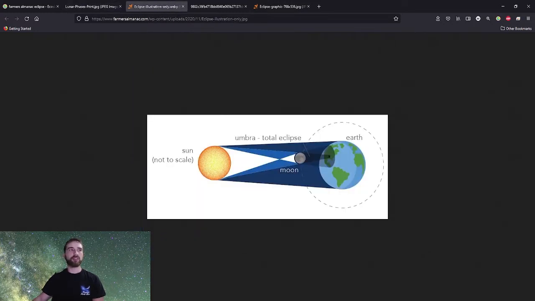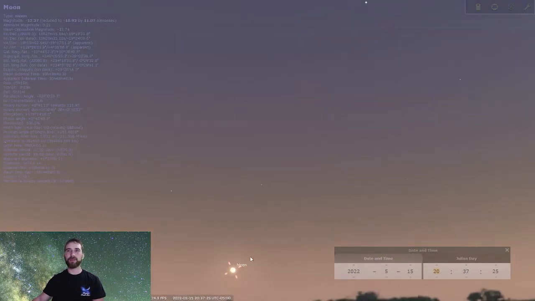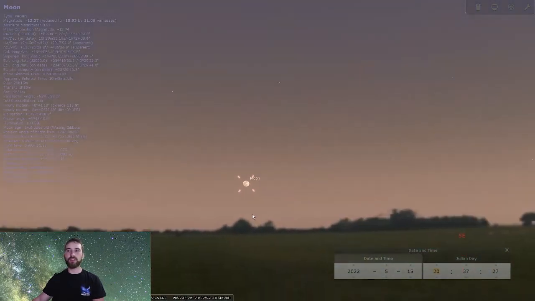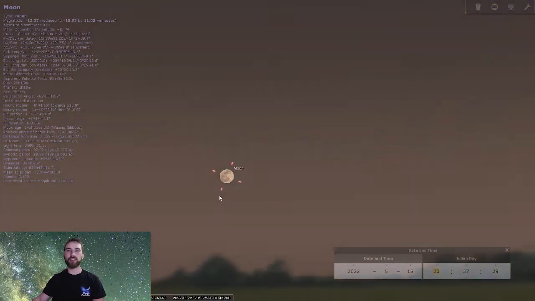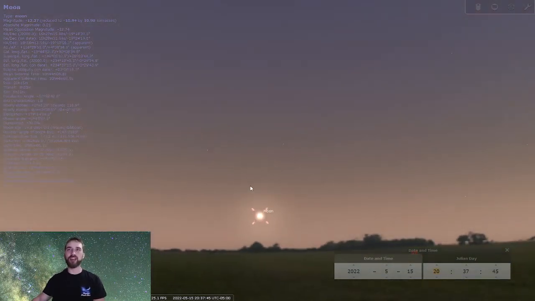So now, I'll show you what a lunar eclipse looks like when it happens. So this is the evening of the 15th, Sunday evening. And if you were lucky enough to be in a part of the world where the lunar eclipse was happening, but also where there was not a thunderstorm happening, which is what happened at my house, you would see a beautiful clear sky.